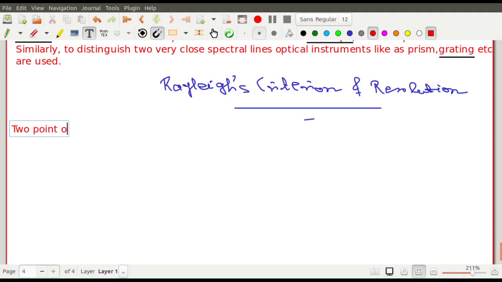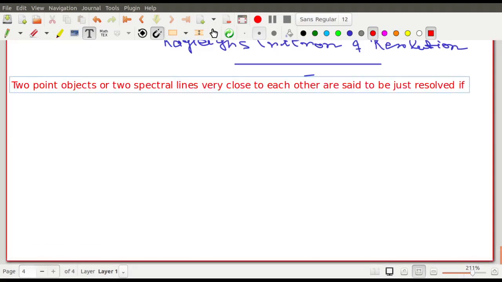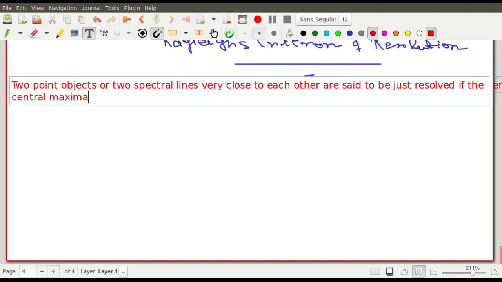Two point objects or two spectral lines very close to each other are said to be just resolved if the central maximum in the diffraction pattern.